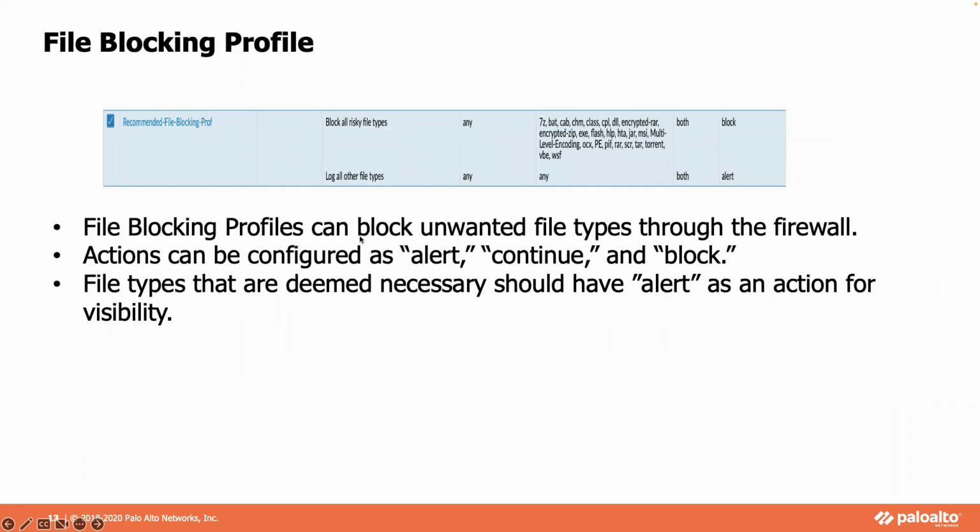File blocking allows us to look at file types, but we have the ability to say, you know what, I don't want my users to be able to maybe download malicious files while they're browsing the web and they may not even know what's going on.